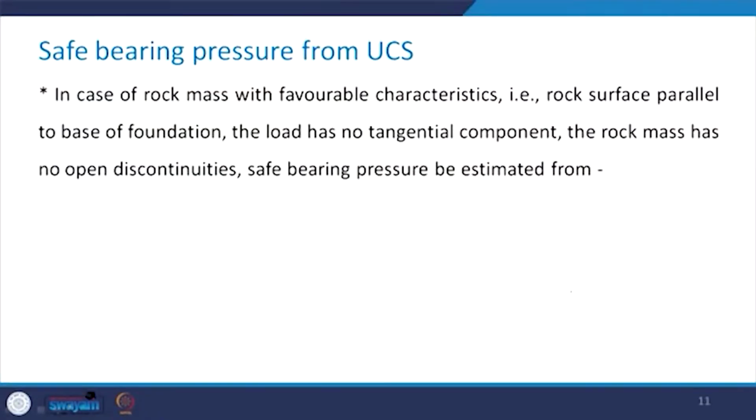And if the rock mass has no open discontinuities, then the safe bearing pressure can be estimated from this expression: Qs equals Qc into Nj, where Qs is the safe bearing pressure, and here it is the gross, not the net.